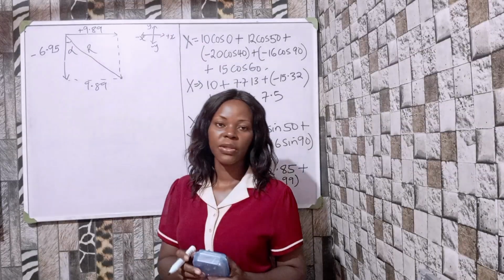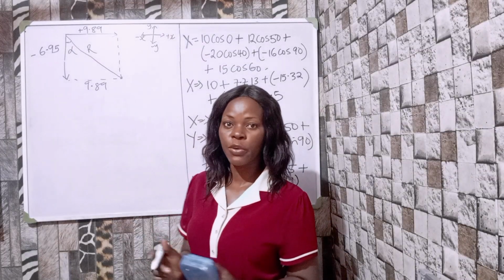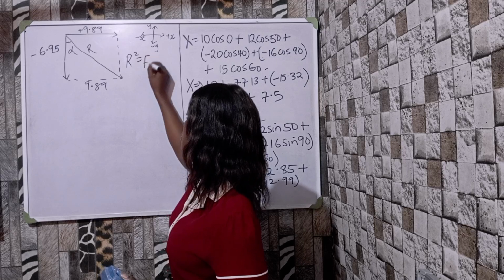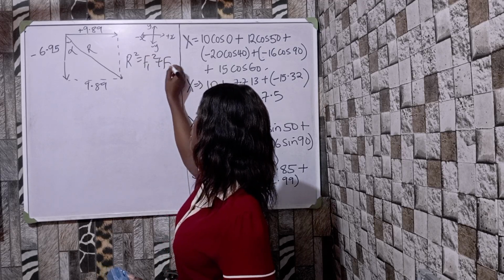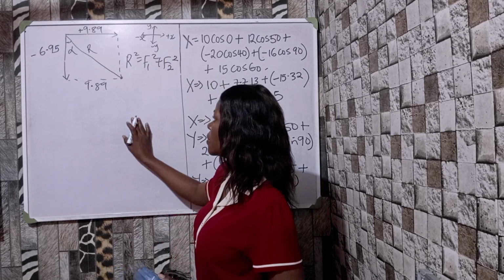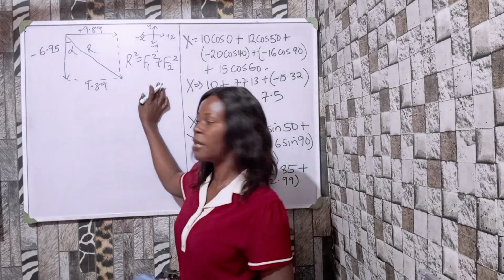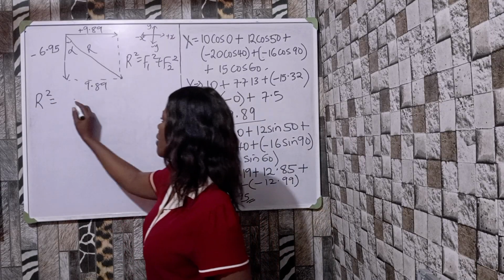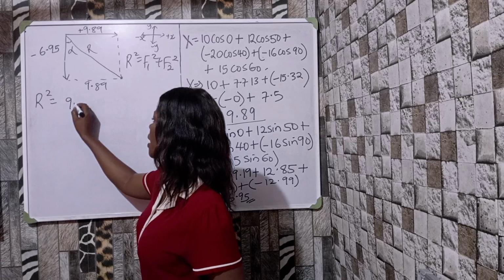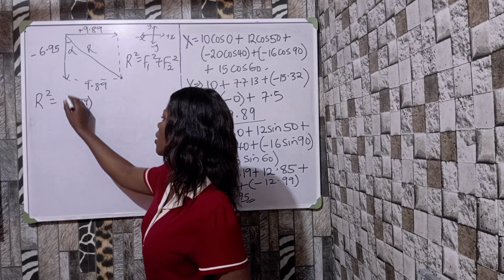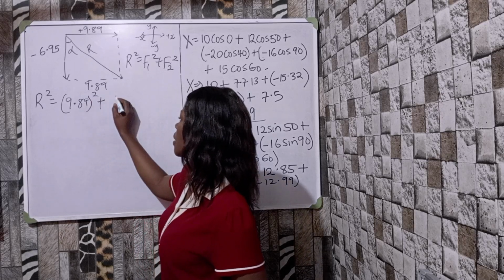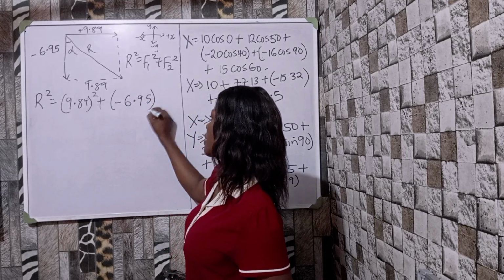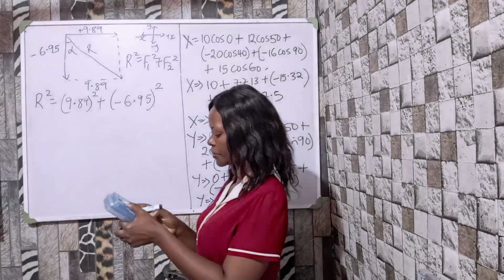For us to get the resultant, we are going to use Pythagoras theorem, which states that R square is equal to f1 square plus f2 square. Okay, so let's put in our value. R square is equal to, my f1 is 9.89 all squared plus bracket minus 6.95 all squared.